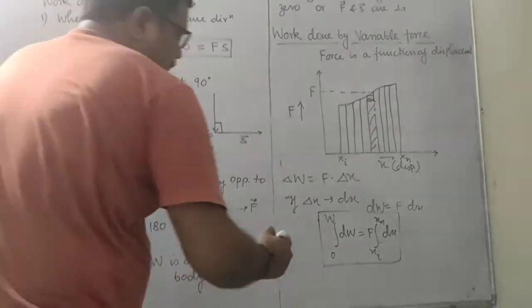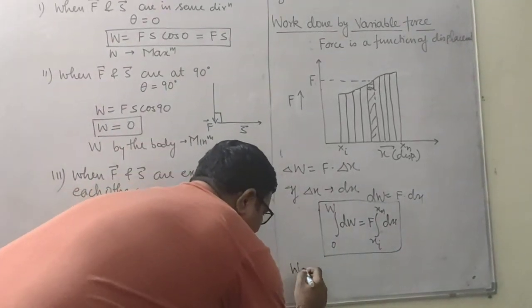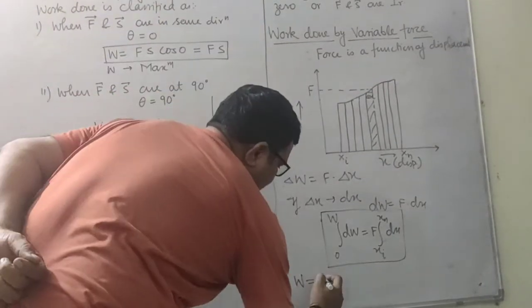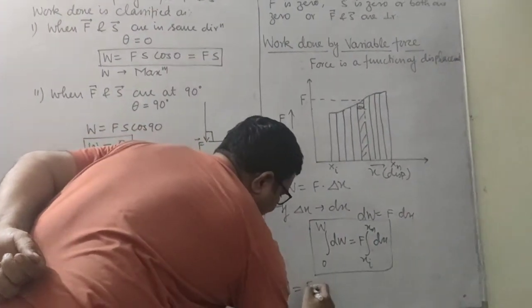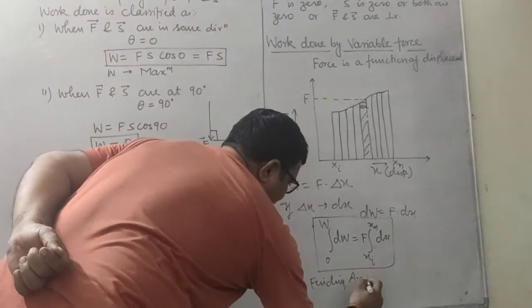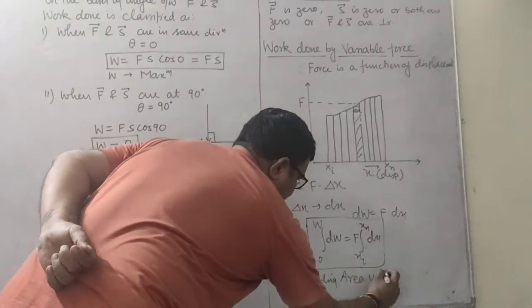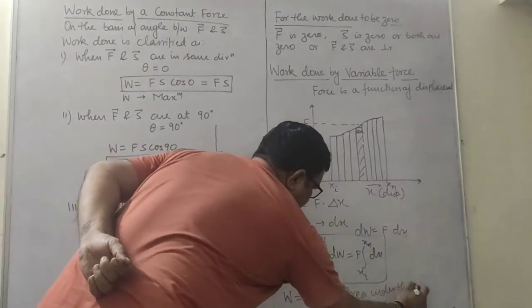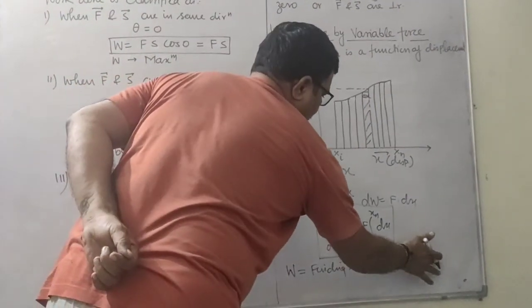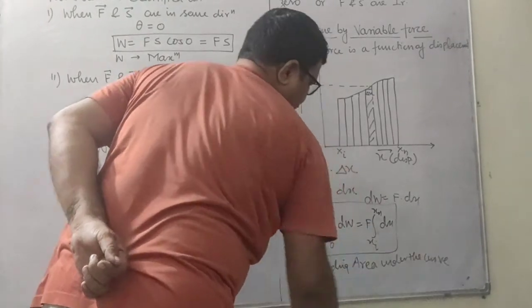So for a variable force, work done can be obtained by finding the area under the curve.